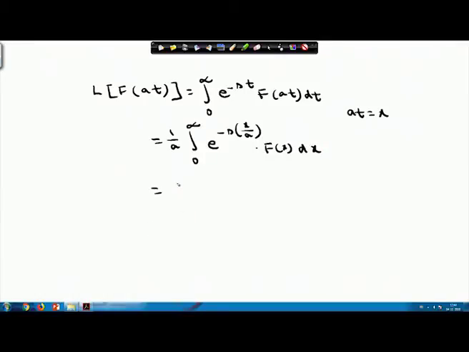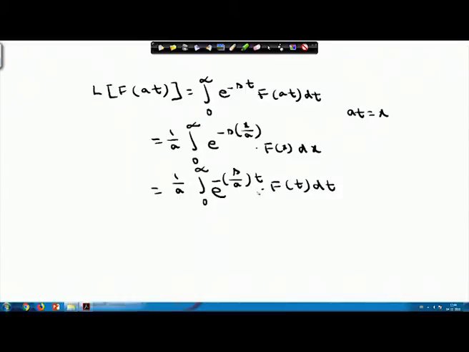So, this is equal to, you can write, 1 by a integral 0 to infinity e power minus s by a into t into f of t dt. That is, you are changing the parameter x by t again without changing any other properties. So, this I can write as e power minus s by a t into f t dt.